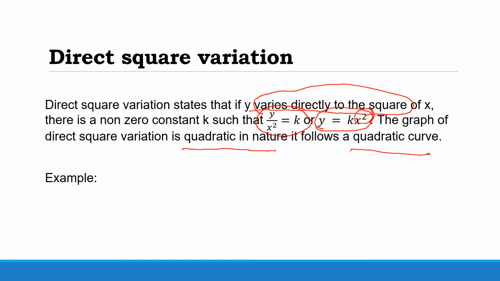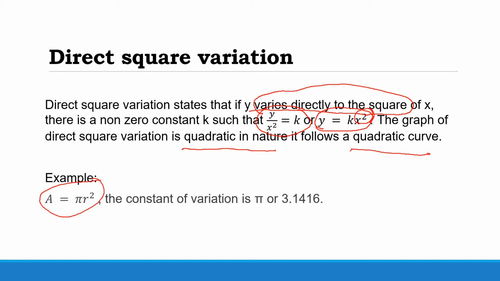An example of this is the formula for the area of a circle. As you can see, it has pi, and the value of pi is 3.1416. And then this r squared makes it a direct square variation.